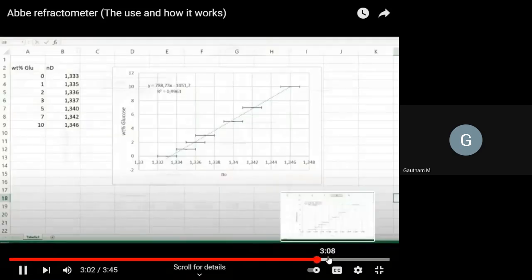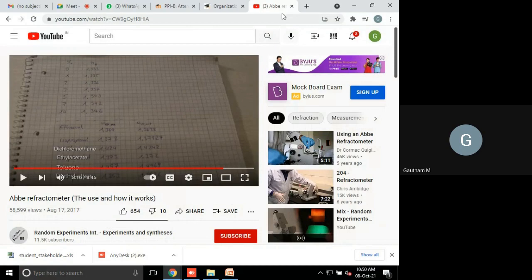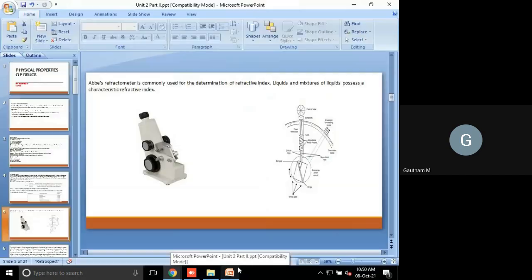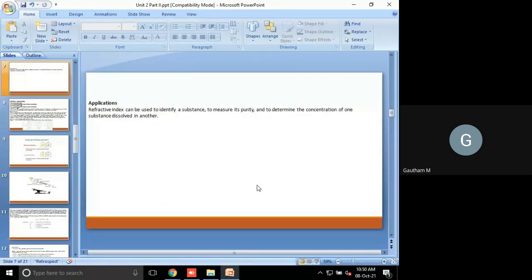Here they are doing the calculation of refractive index of a sample. Again, it depends on the temperature; based on the temperature, it changes. So this is the Abbe refractometer. I think the working is clear to you.